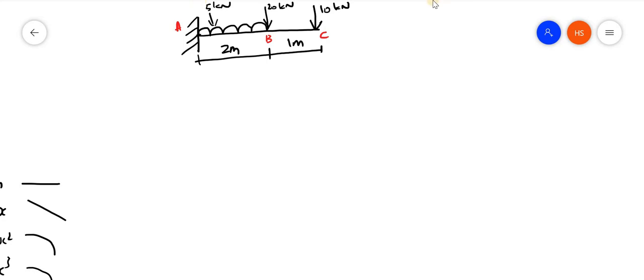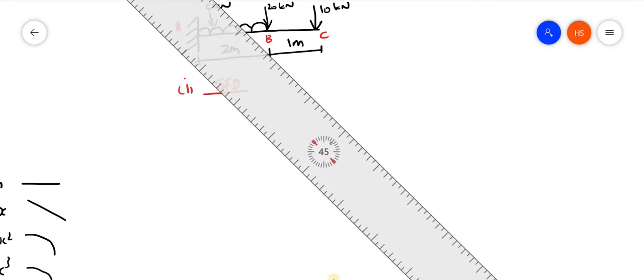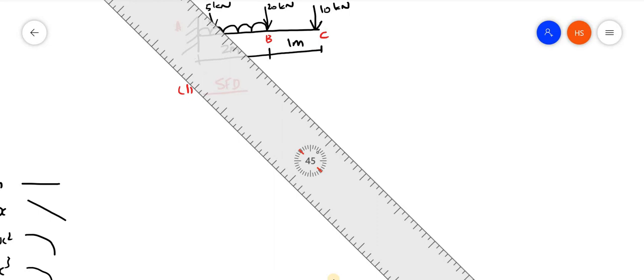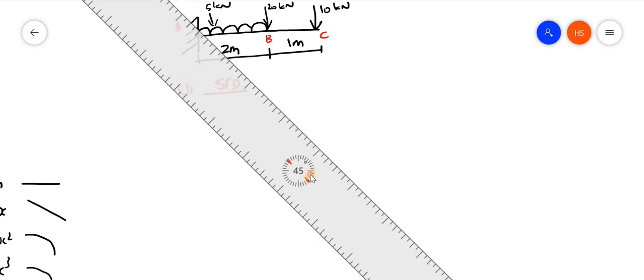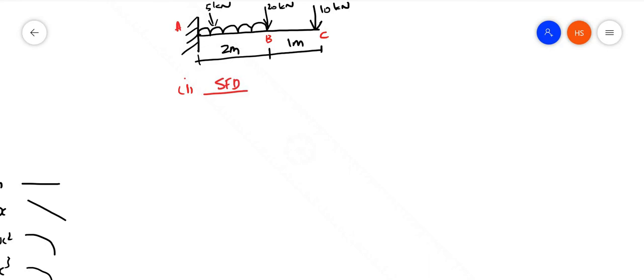Now, first of all, the shear force diagram. First of all, I am going to draw the shear force diagram. So for that, I have to draw the shear forces. So shear force at C, what is the shear force at C?